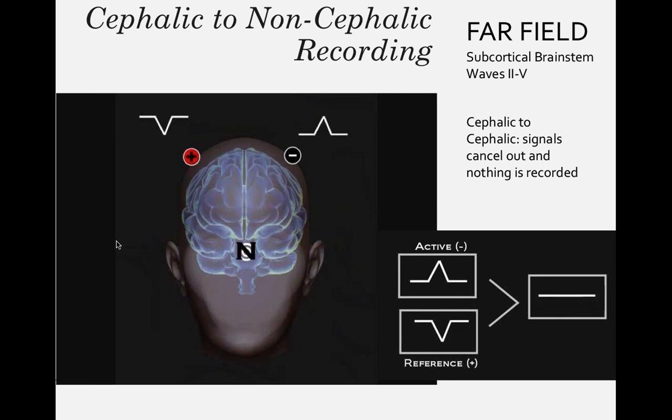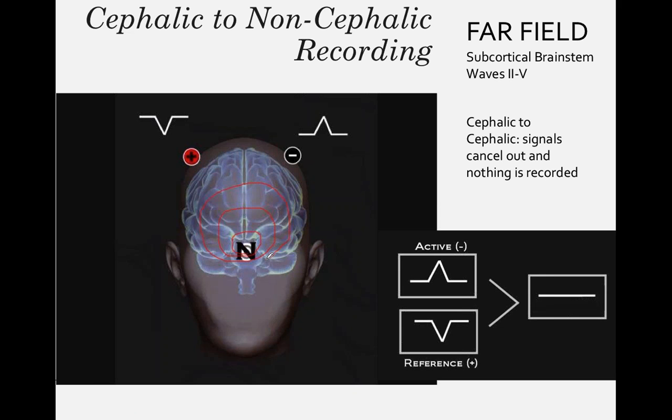And let's talk about waves 2 through 5 for a second. We have to think all the way back to our SSEP lecture about our subcortical signals and the cephalic to non-cephalic recording method. So just to go back over that, let me get my cursor up here. And we've got our pen. So what happens when the signal comes into the brainstem? Remember, it radiates out in equipotential lines.